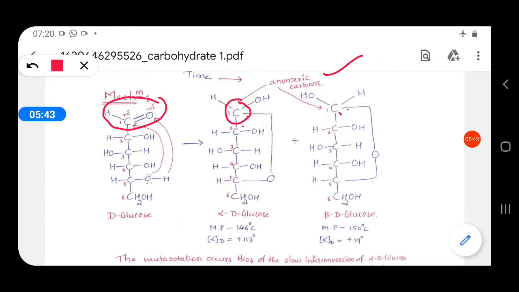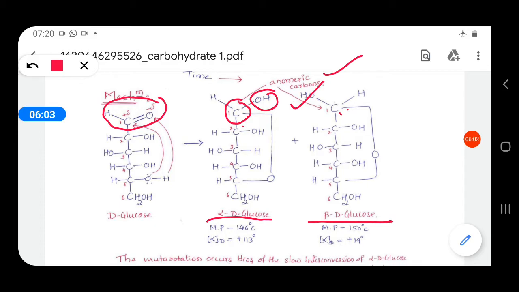On the anomeric carbon, if the OH group is on the right side, this is called alpha D glucose. If the OH group is on the left side, then it is called beta D glucose. Both have different melting points.